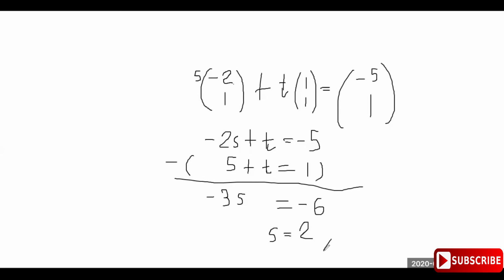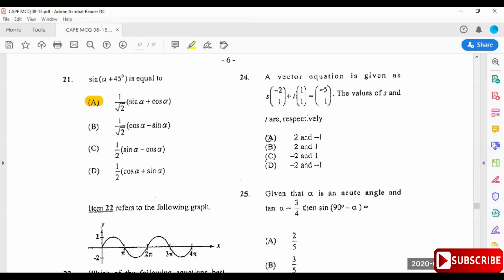If s is equal to 2, then 2 plus what gives me 1? That has to be negative 1. So t has to be negative 1. So s is 2 and t is negative 1. That looks like A.